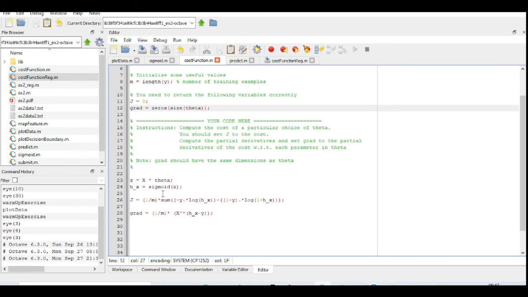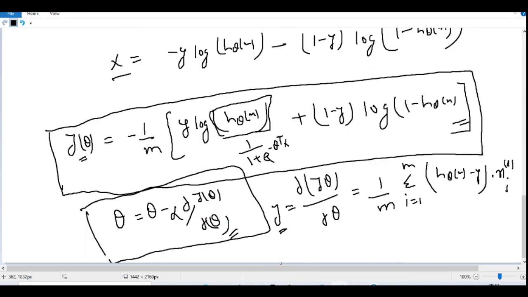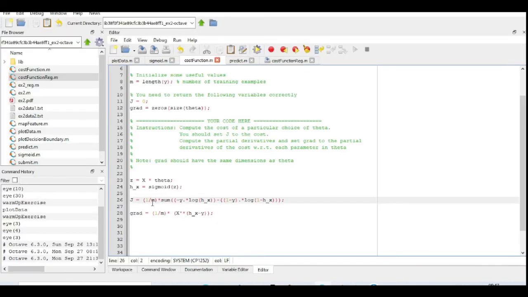Now, obviously we want our cost function j. The cost function j is nothing but 1 by m, and if you want to take the minus inside, that's no problem. So we have written 1 by m into summation, minus y into log hypothesis.